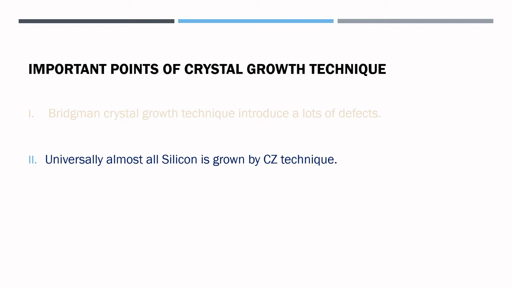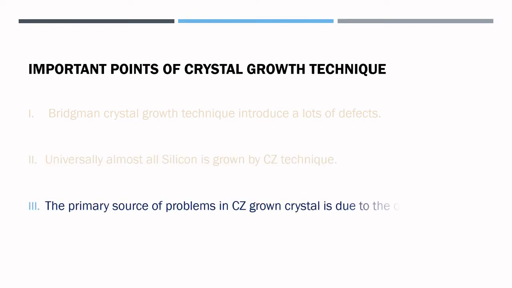Still, it is not the perfect crystal growth technique that we would like to have for certain applications. The primary source of problems in a CZ grown crystal is oxygen, and if this oxygen is beyond a certain limit, it will precipitate inside the crystal.